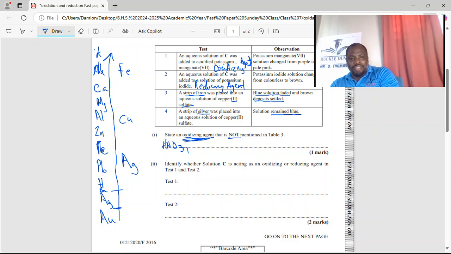So what were they? Concentrated sulfuric acid. What else could I mention? Sodium chlorate. What else? Potassium dichromate. Right?